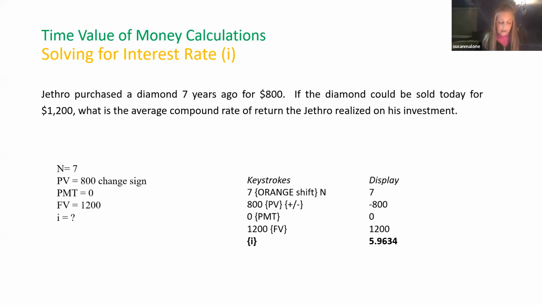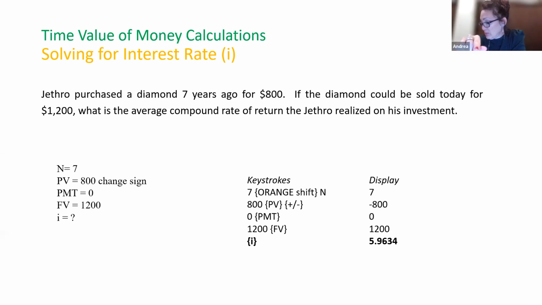And whenever you do that, whether it's a negative present value or, like in that one question, the payment as 600, the negative or positive sign should be in front. So you'll always hit the negative before you plug it into the variable.